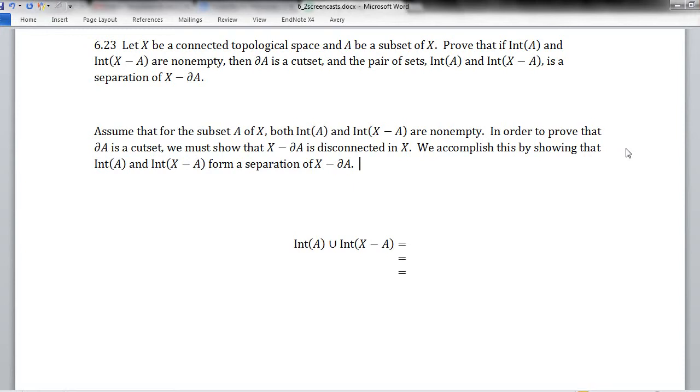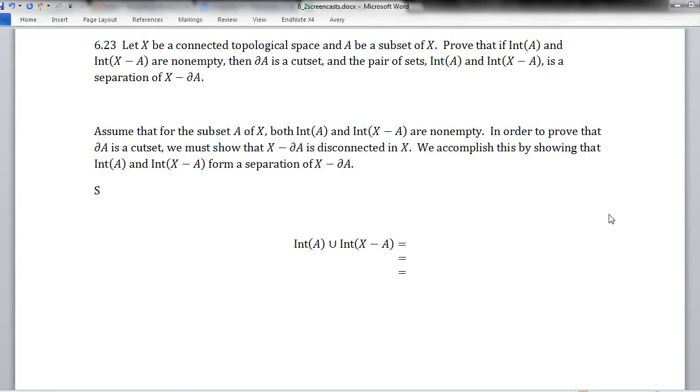Okay, so what does it mean to be a separation? Well, you have to be non-empty, which we already know these sets are. You also have to be disjoint, and your union has to be the whole space. In this case, the whole complement of the boundary. Okay, so let's show that these two interiors are disjoint.